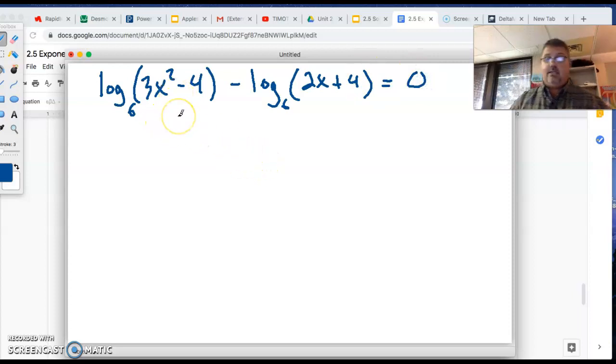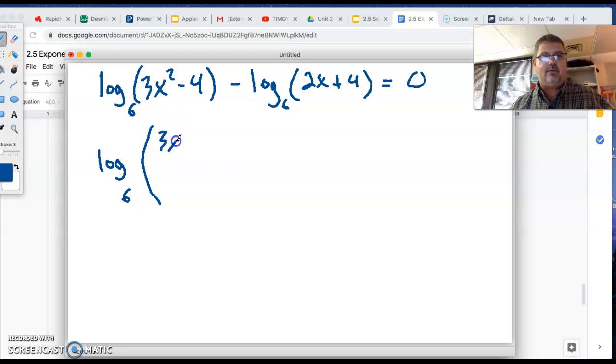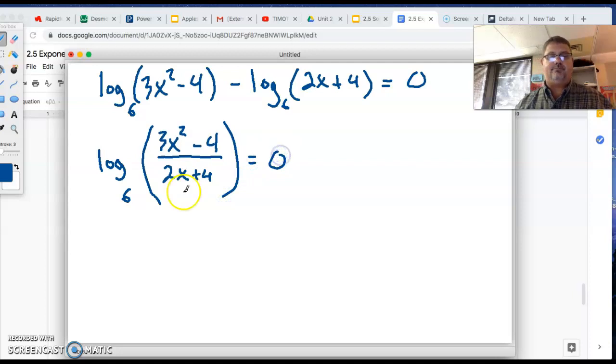Again, condensing on your left-hand side, this is subtraction, so we're going to write it as a quotient, and we're going to write log base 6 of 3x squared minus 4 divided by 2x plus 4, and that's equal to 0.